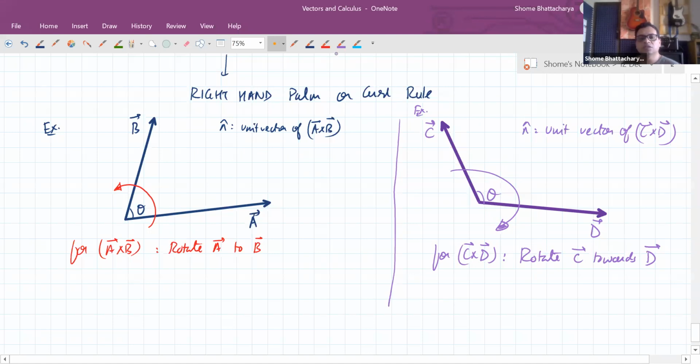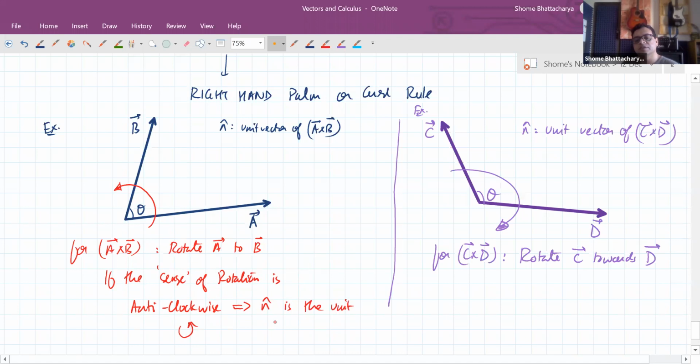Okay. So now the thing is, if the sense of rotation is anti-clockwise, okay, as in this case, anti-clockwise is like this, then the unit vector n cap is the unit vector coming straight out of the plane.